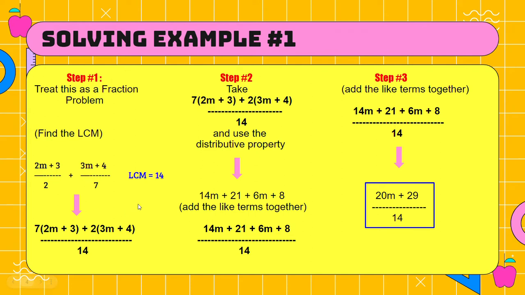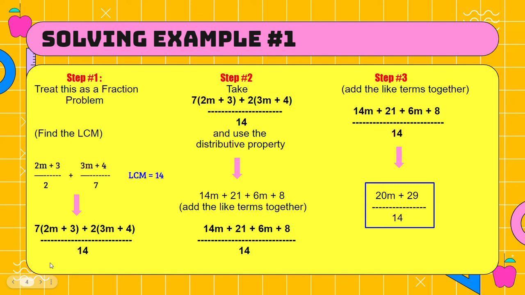The only thing that's different from actually adding fractions is that you keep the denominator, so it's just 14. And the end result for this step is 7 times (2m plus 3) plus 2 times (3m plus 4), over 14.